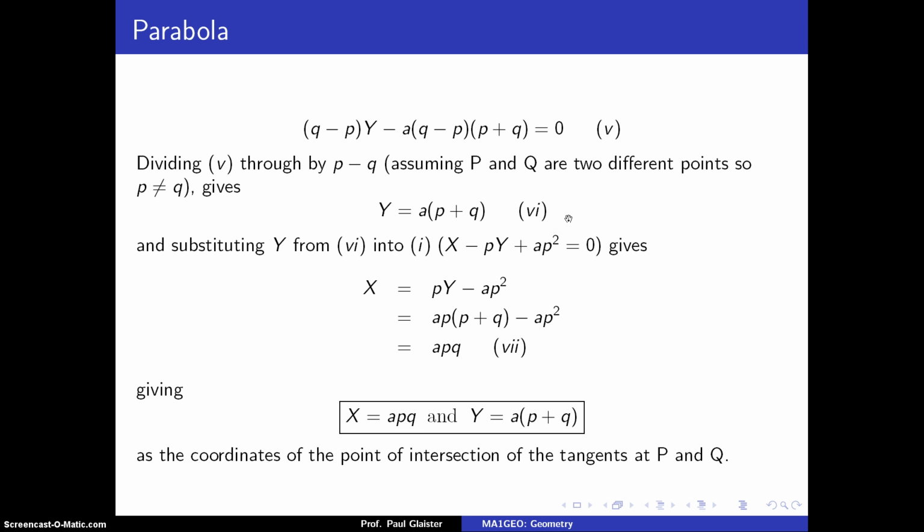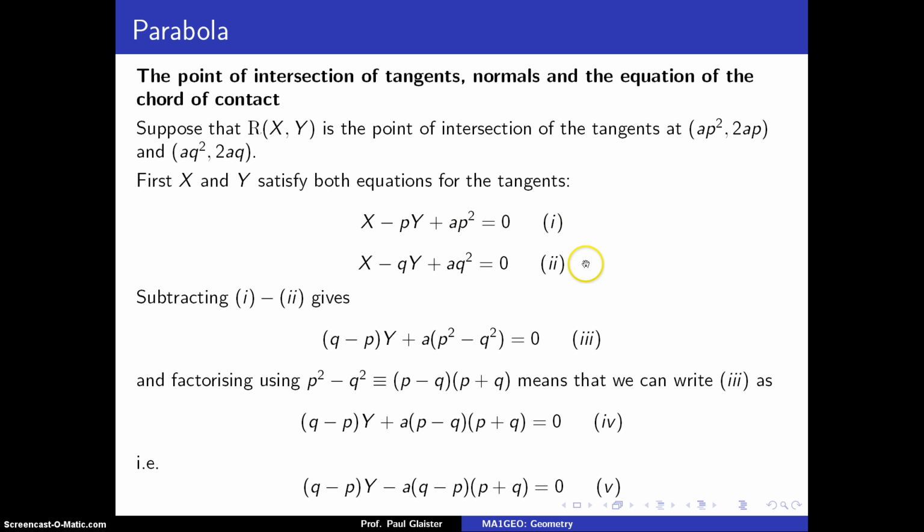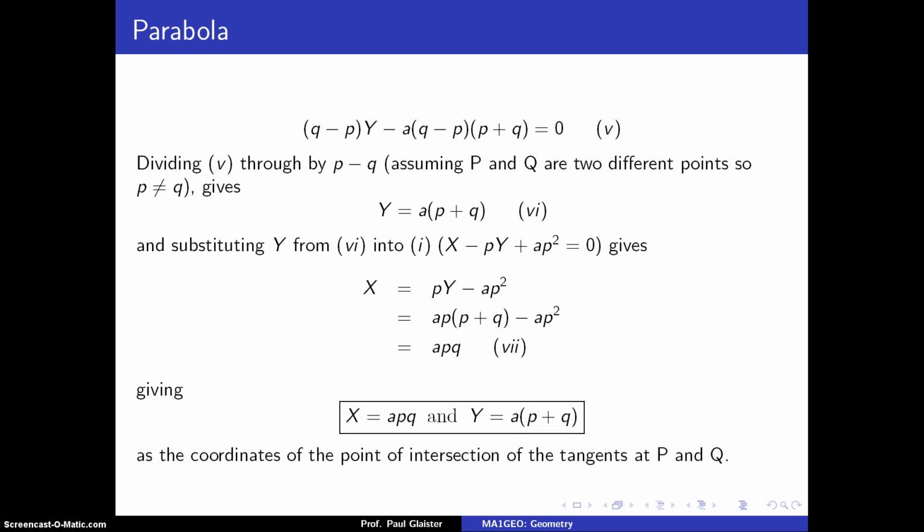Then, having divided through by q minus p, we end up on rearrangement with equation 6. So going back to these two equations, which represent the fact that (x, y) lies on those two tangents at p and q, on elimination we find that y is given by this expression, a times (p plus q). Now, if we substitute for that value of y into either of the previous two expressions for the tangents, let's suppose we take this one, we end up with x given by a very simple formula: a times p times q.